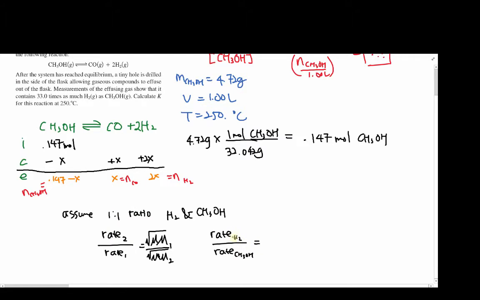The molar mass of hydrogen has to go on the bottom here, 2.016, and for methanol you should get 32.046 grams per mole.